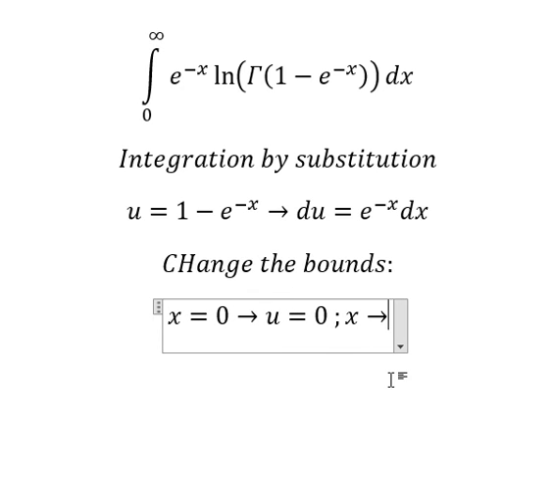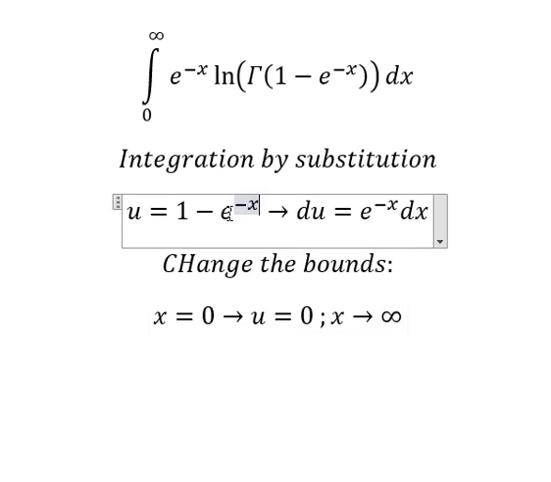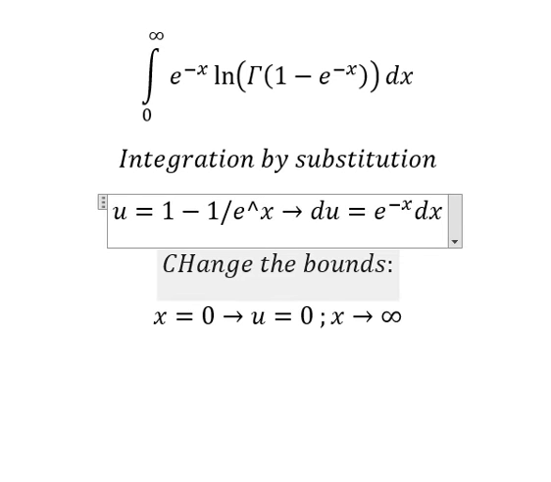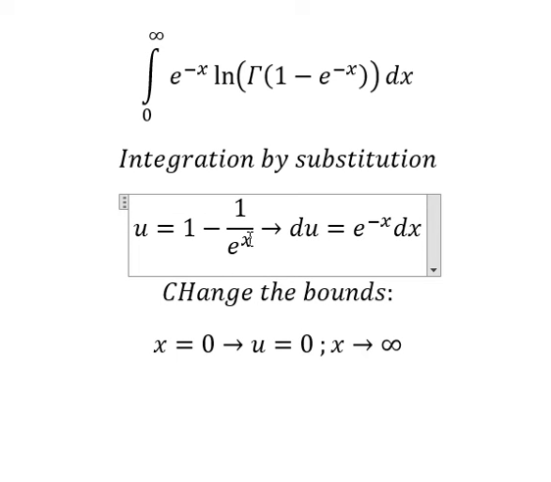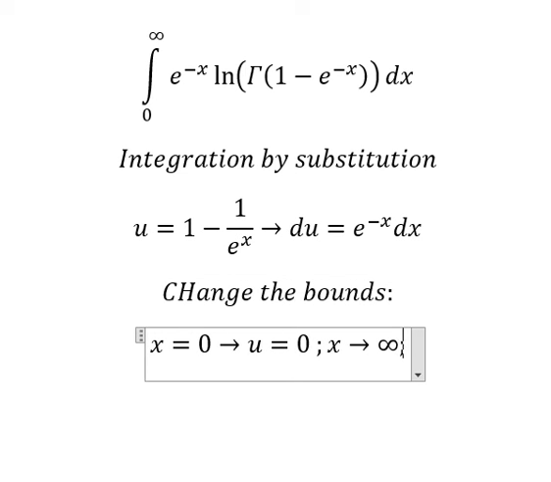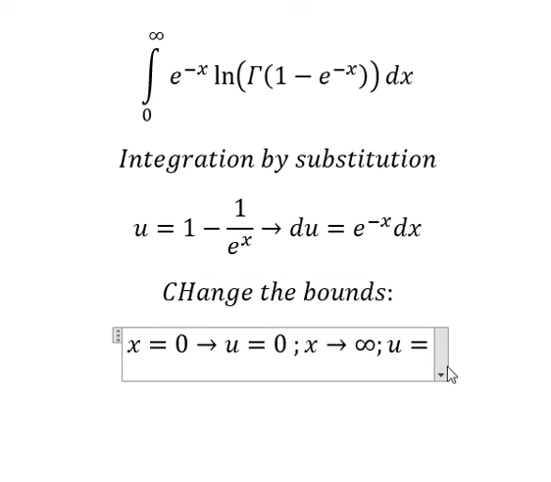When s approaches positive infinity, this one goes to 1 over e to the power of s. When s approaches positive infinity, 1 divided by positive infinity, you get 0. So that means you get u equals 1.